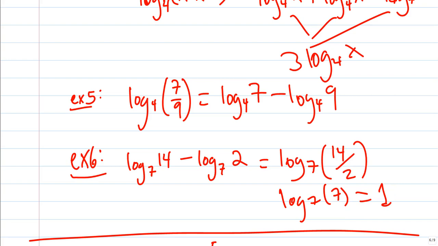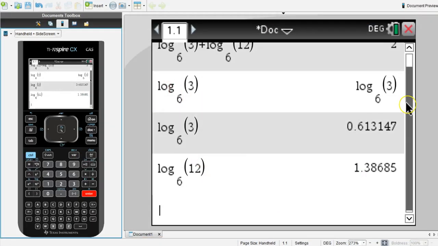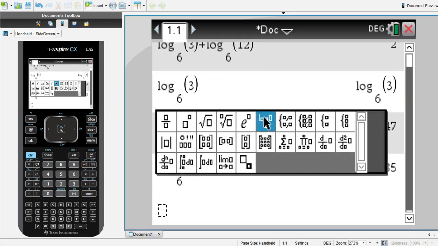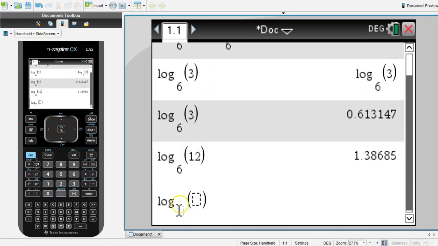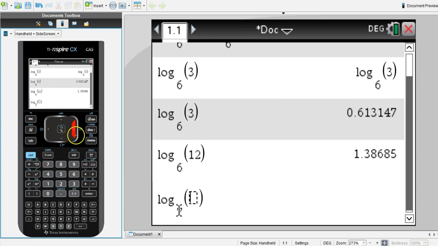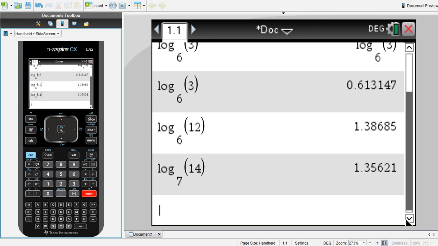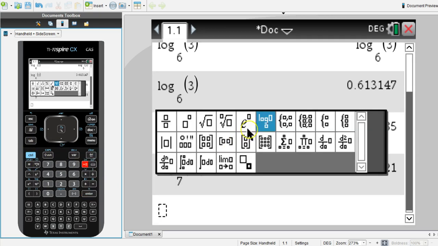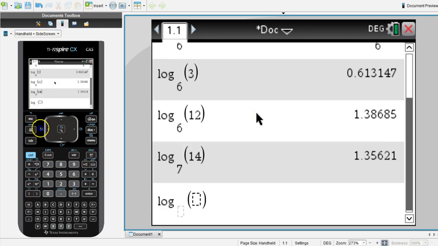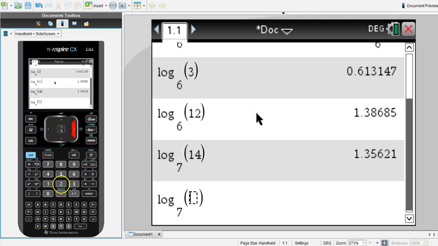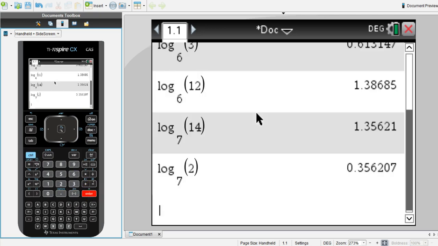So log base 7 of 14, where was that? Log base 7 of 14. Oh, that's a pretty number. And we just said log base 7 of 2, another interesting number.